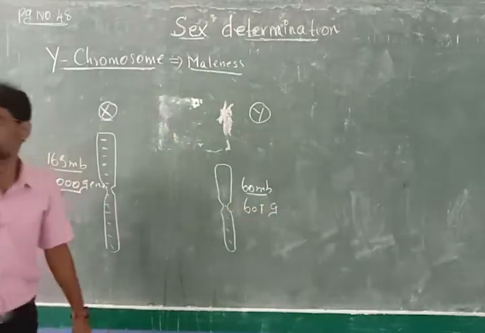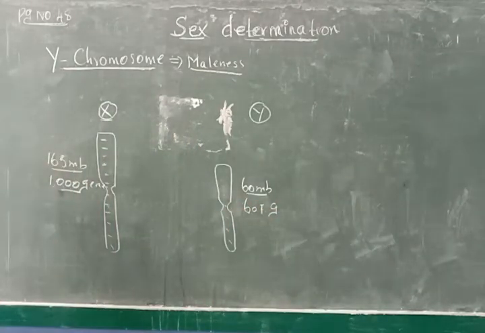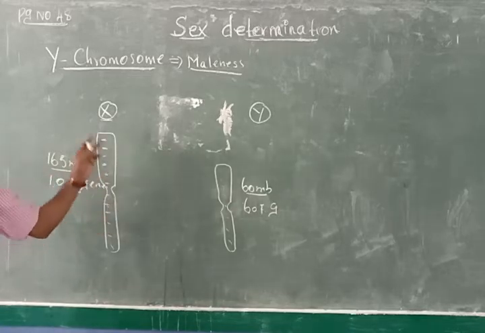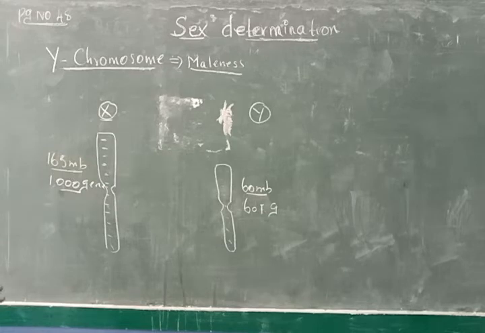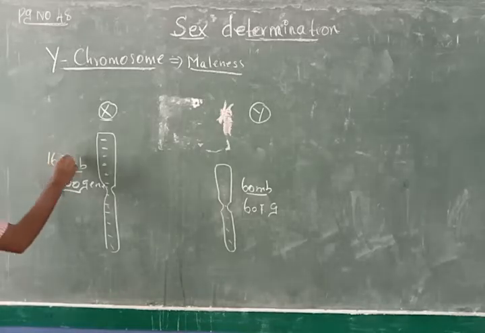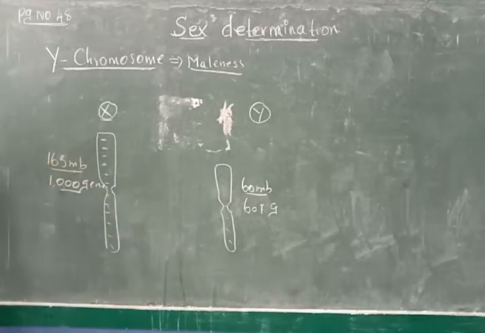That's it. So that is the reason I told you in the beginning itself, X and Y chromosomes are entirely different in all the aspects. Is that clear? Even in the size, even in the shape, even in the number of genes located inside.